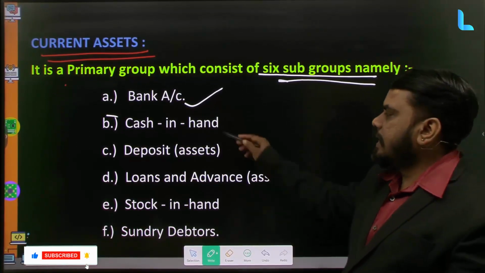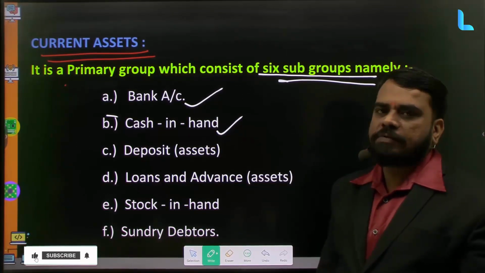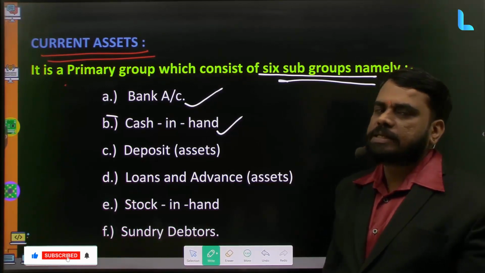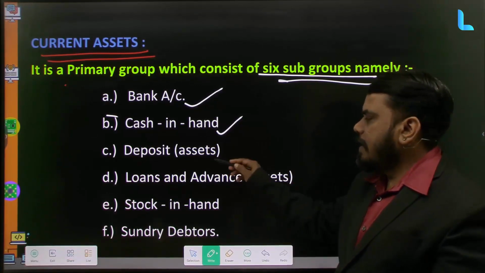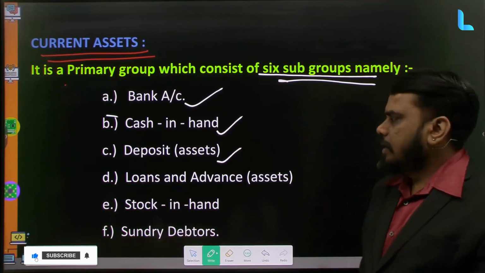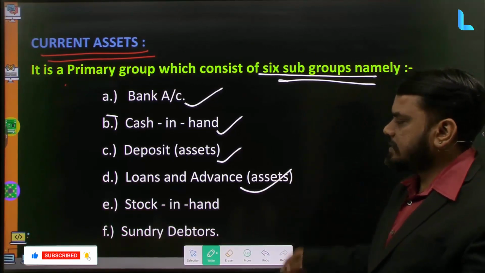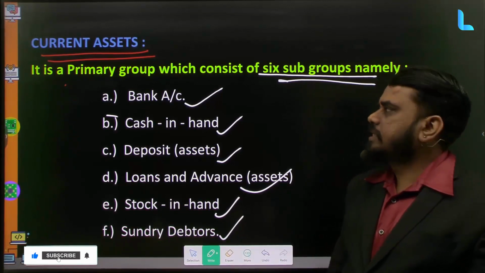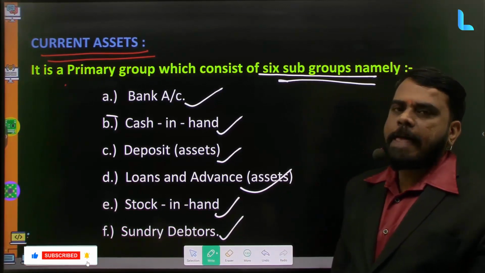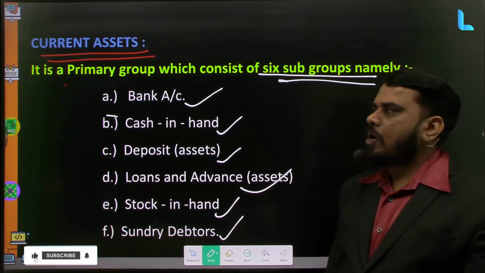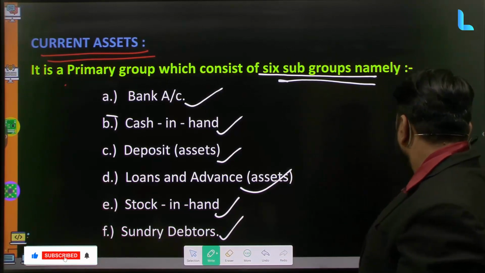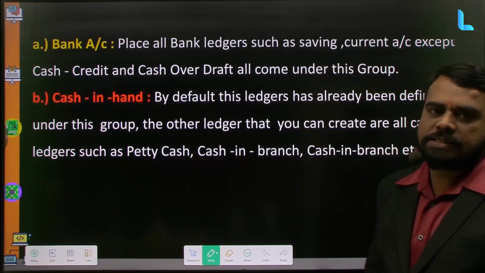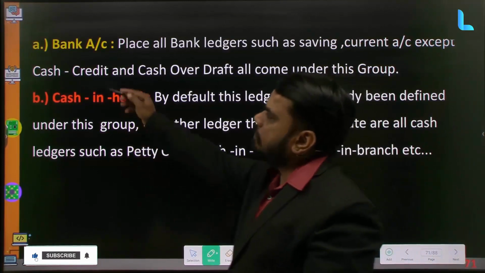Then the cash account, that is cash in hand. Then we have deposits under asset side, loans and advances in asset side, then stock in hand and sundry debtors. These are the 6 subgroups under the account group called current assets, and they come under which account head? Under assets. So let us learn in detail what is bank account.